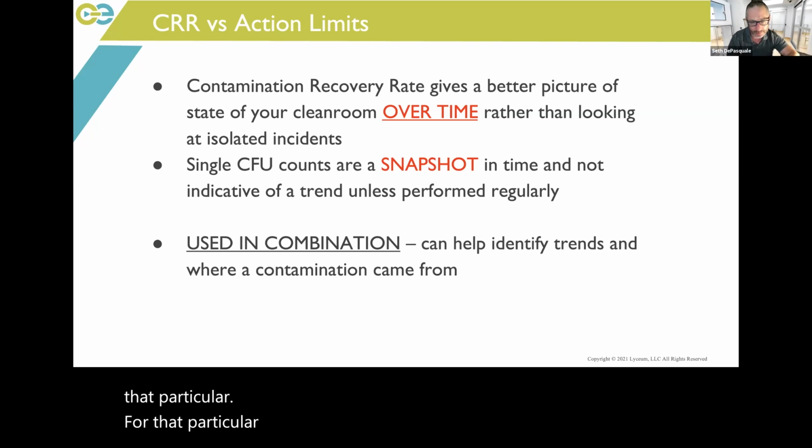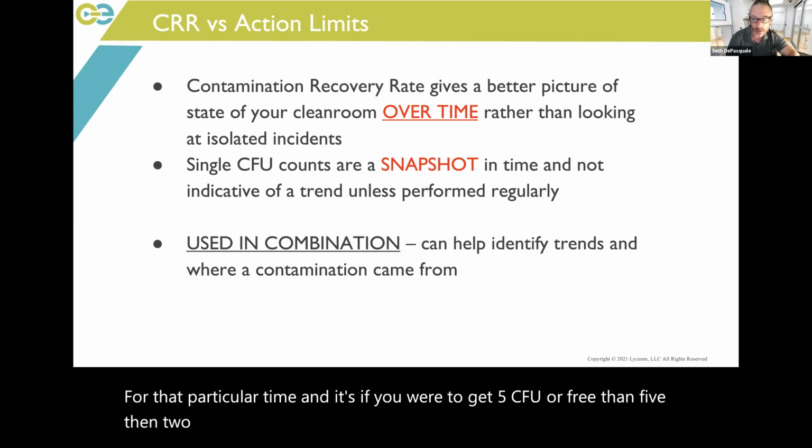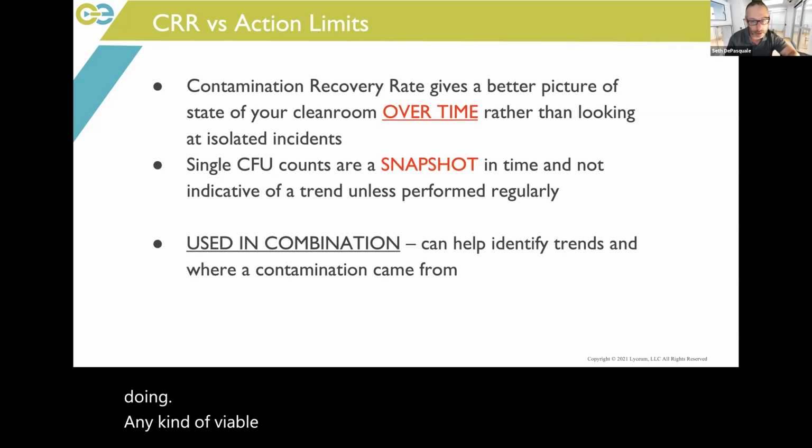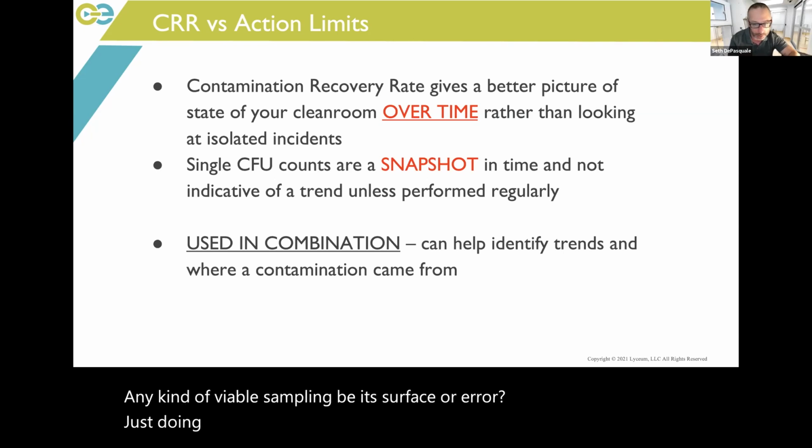If you were to get 5 CFU, then 3, then 5, then 2, then 3, day after day, then that's maybe more of an indicator. But you really can't get any real great information if you're doing any kind of viable sampling, be it surface or air, just once a month or once a quarter or once every 6 months.